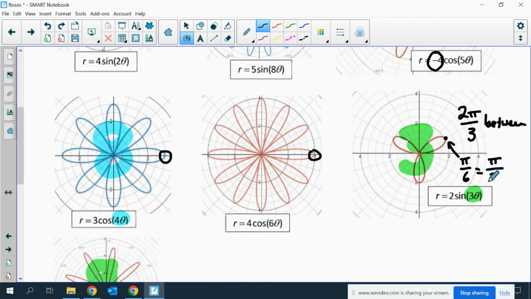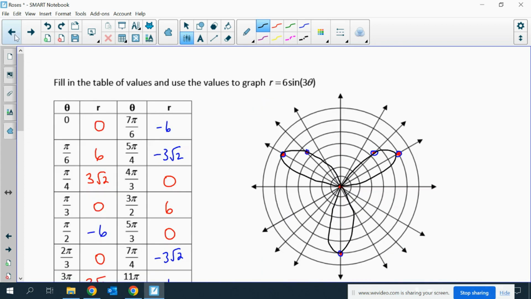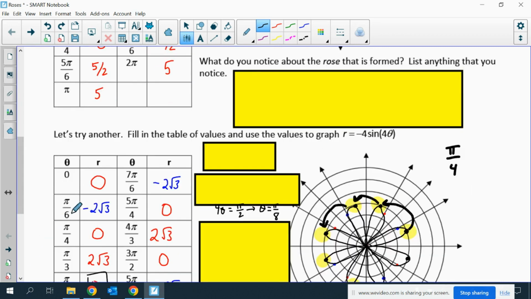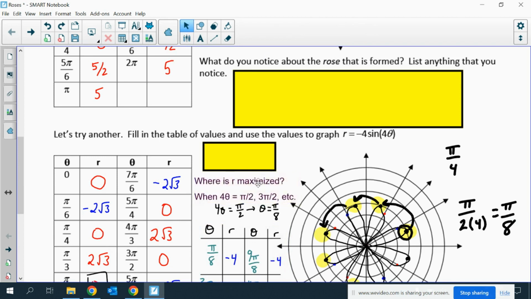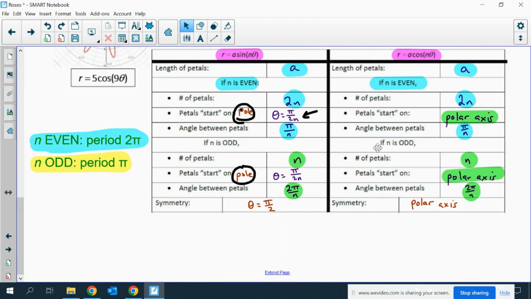Notice that's pi over 2n. Likewise here, this one starts at pi over 4, which is pi over 2 times n. And remember way back in the beginning, when we had this sine situation, the first petal started at pi over 2 times 4, which was pi over 8. Remember, all of our maximizations were at the pi over 8s. So that's something that we see relatively frequently with the sine stuff.